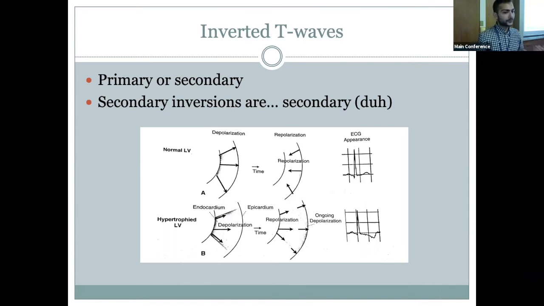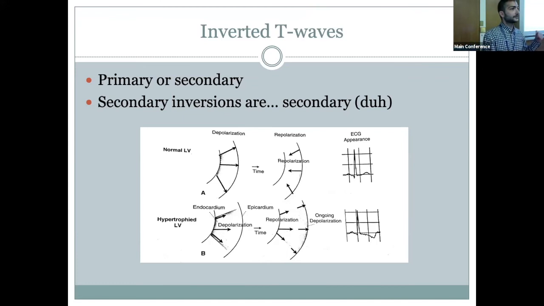But with a hypertrophied myocardium, there's so much time for the depolarization wave to progress from endo to epicardium that the repolarization front actually occurs behind it. So now you have a repolarization wave traveling towards an electrode, and that's going to give you a negative deflection on the EKG. I think it's a really great illustration.